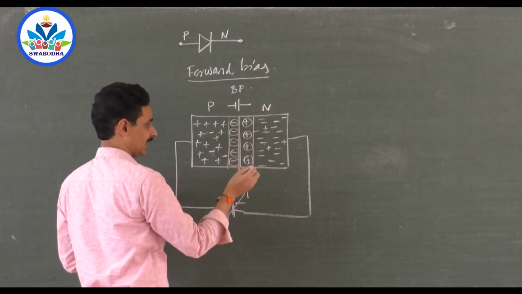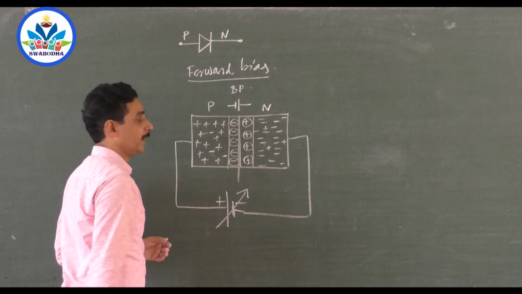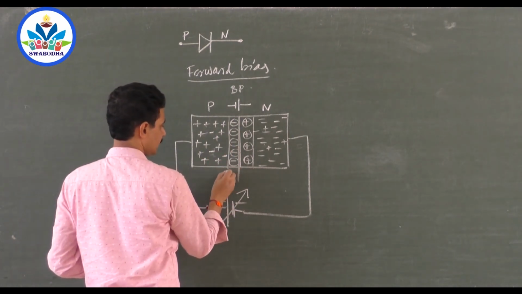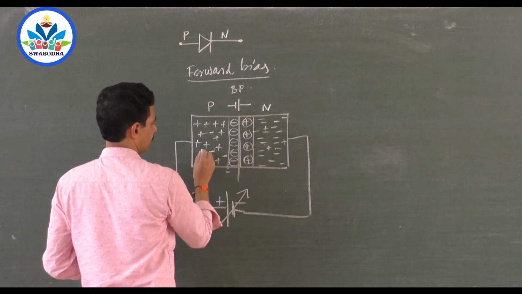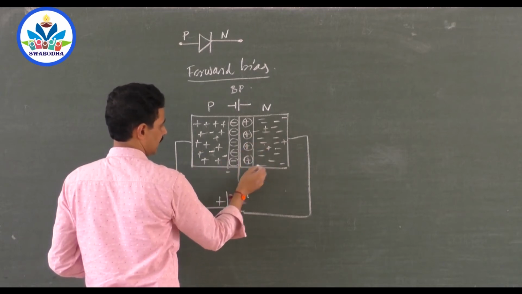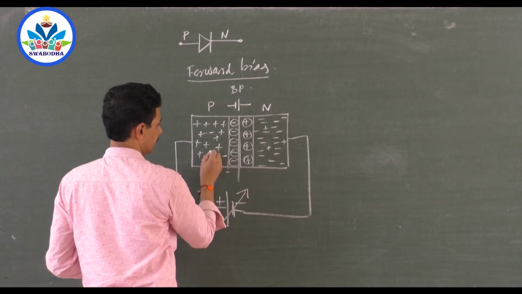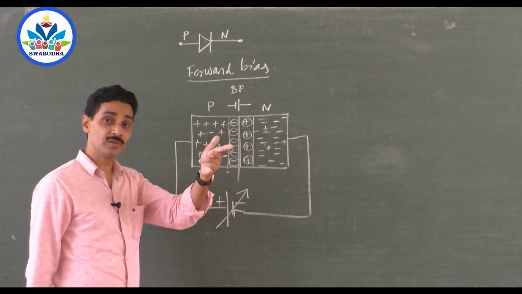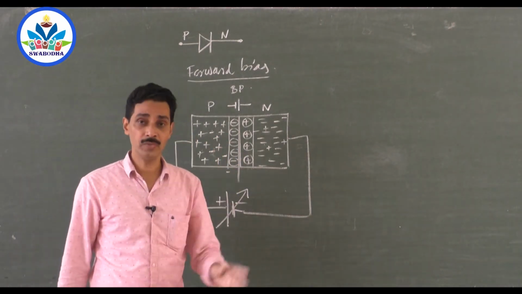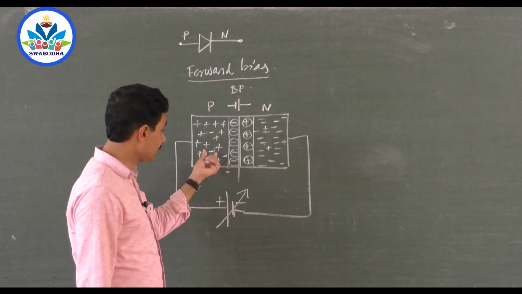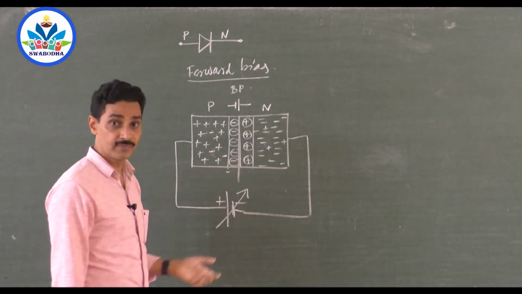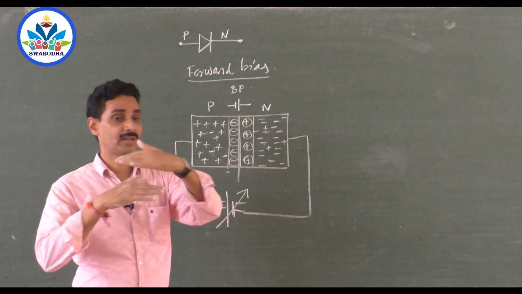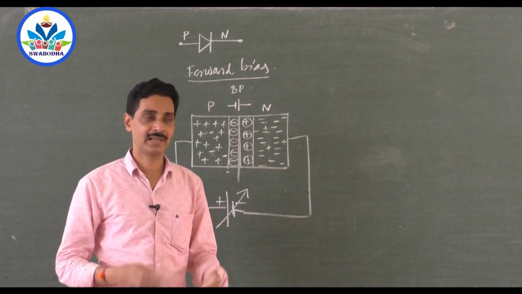I am talking about majority carriers. But minority carriers can cross, because the negative charge here attracts the minority positive charges, and the positive charge here attracts the minority negative charges, so they can move. That produces a current called drift current. Still some minority carriers will remain, because drift current also can't rise to a high value. When the diffusion current and drift current are equal and opposite, the migration stops.